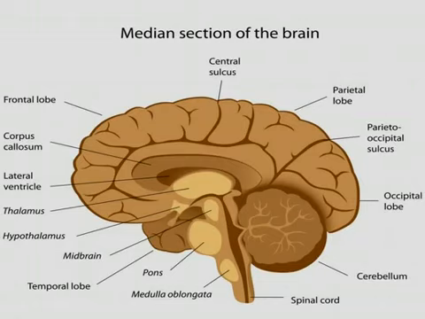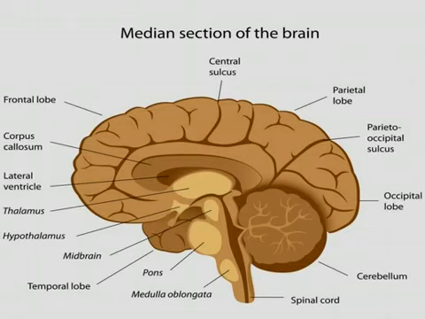The fourth ventricle is in continuation with the narrow central canal of the spinal cord and, through the foramina in its roof, with the subarachnoid space. Now, the central canal has a small dilatation at its inferior end, referred to as the terminal ventricle.